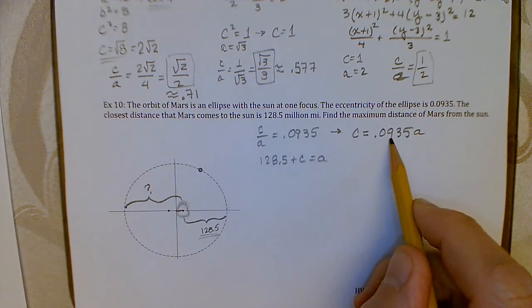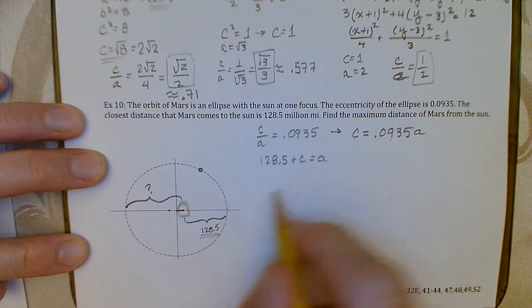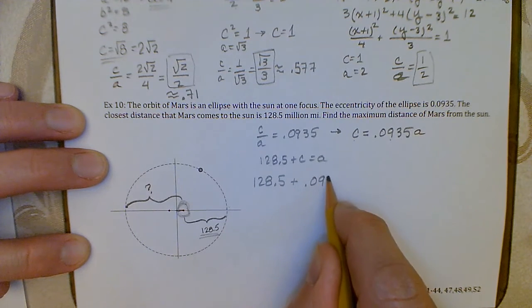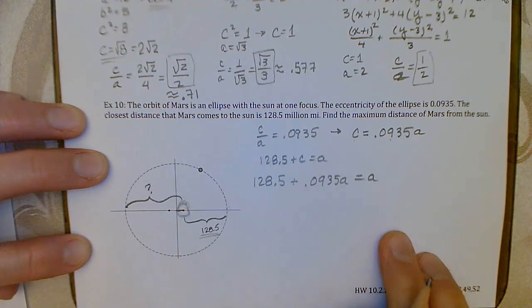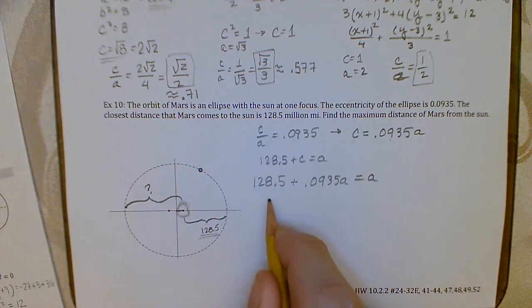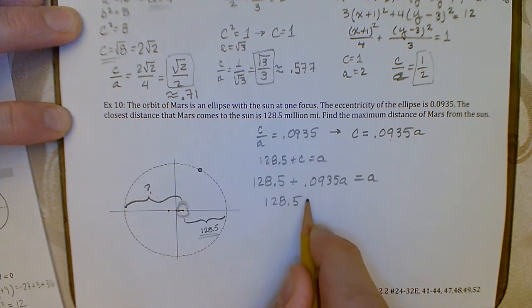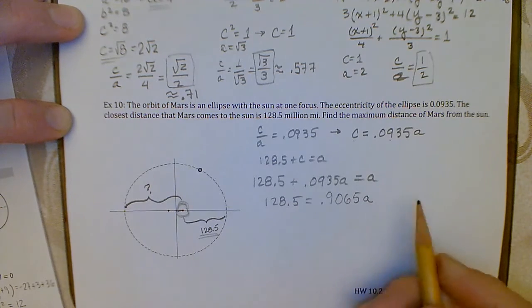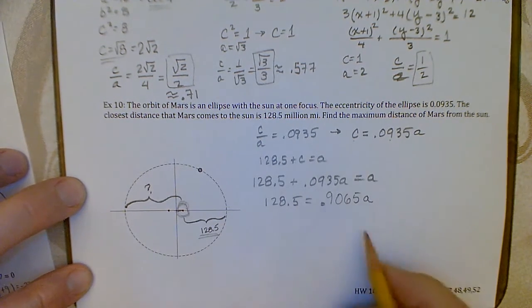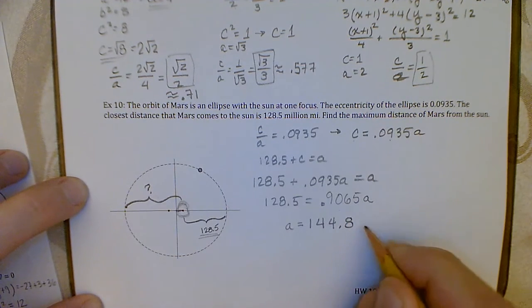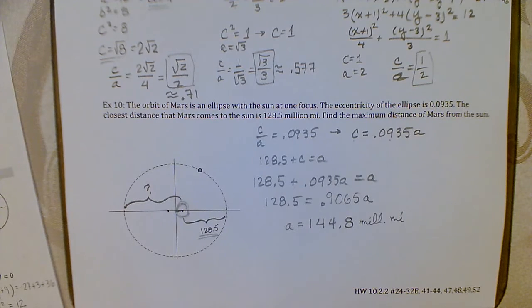Let's take out the C and just put in the A. So that's 128.5 plus 0.0935A equals A. Now we just solve this for A. Move this to the other side, so we get 128.5 equals, subtracting from both sides, 0.9065A. Then we divide both sides by this coefficient, and that gives us an A value of 141.8, and this is in millions of miles. And so that's what A is.